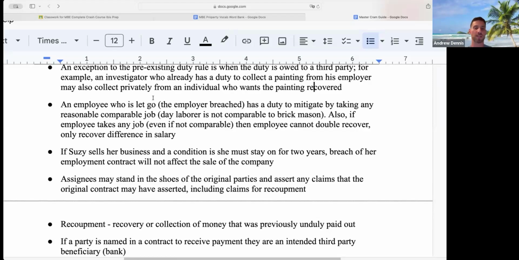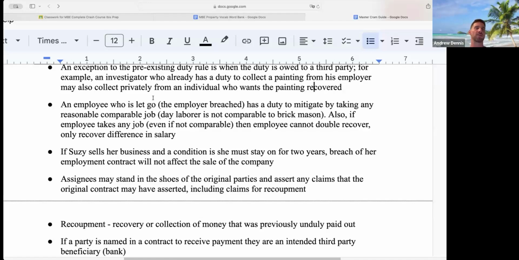So also, if an employee takes any job, even if it's not comparable, the employee cannot double recover, only recover the difference in salary. So Susie is supposed to be hired as a teacher. The principal rescinds the offer, and it was a $50,000 contract. And then Susie gets a job as a secretary for $50,000.